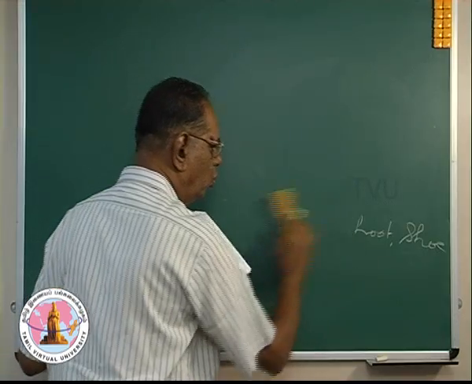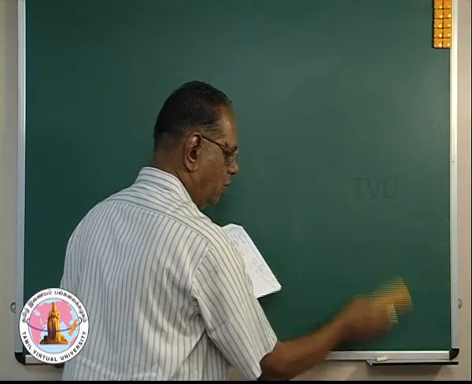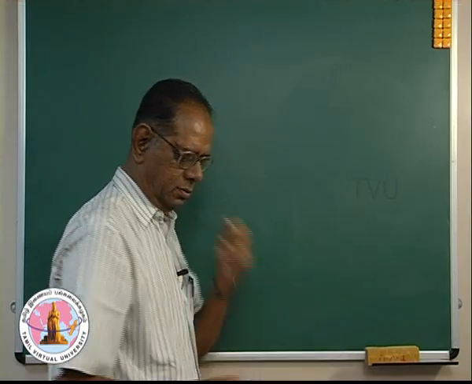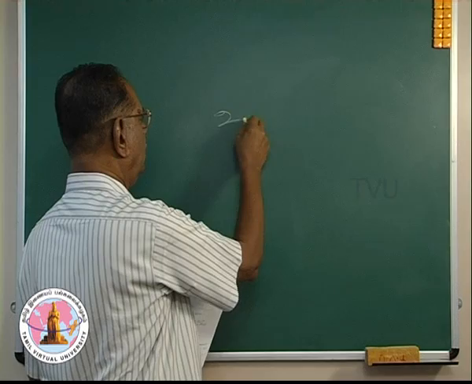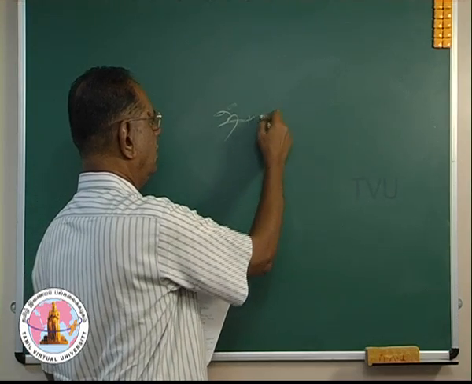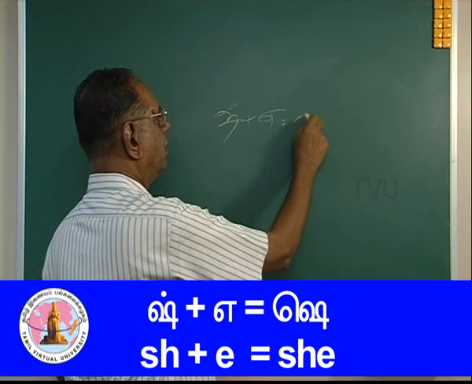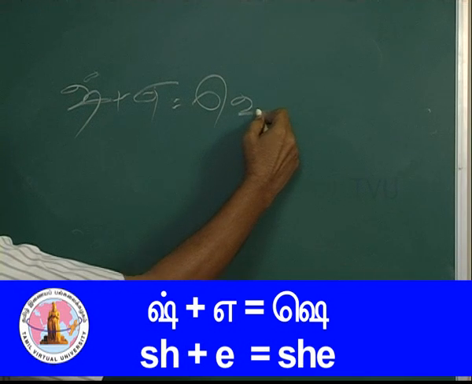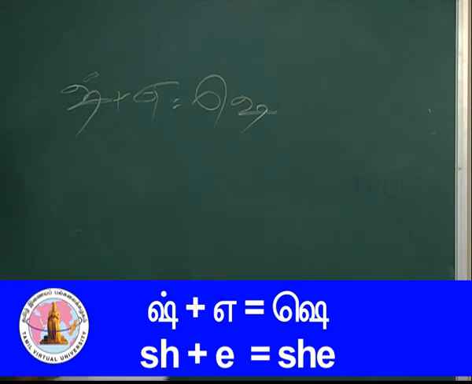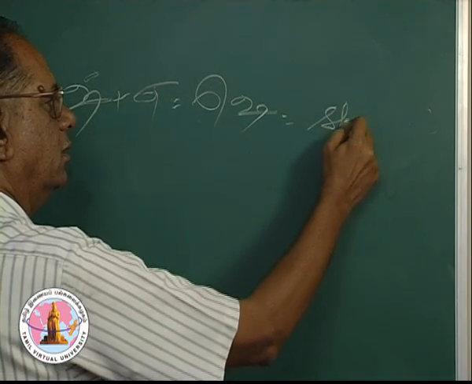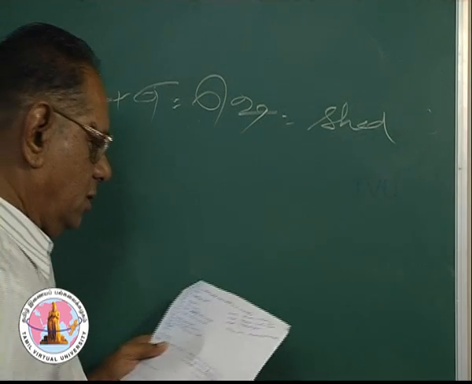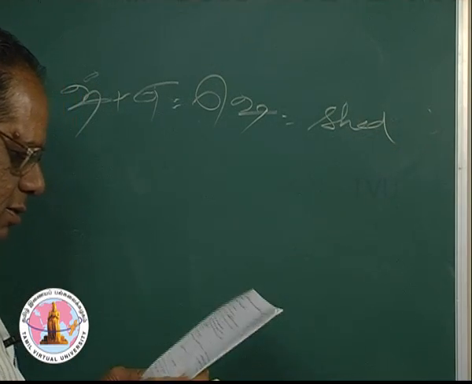After long U, what is the vowel? A. So naturally, Ish takes A and it becomes She. The marker is put beforehand. She, as you have in shed or shepherd.